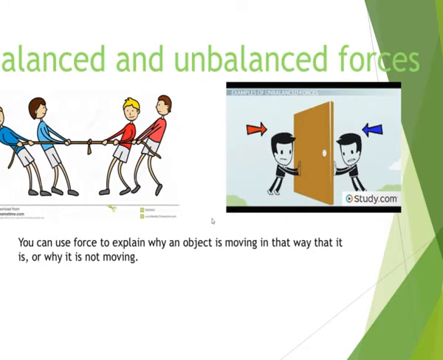You can use force to explain why an object is moving. We can use force to explain why any object is moving in the way that it is, or why it's not moving at all.